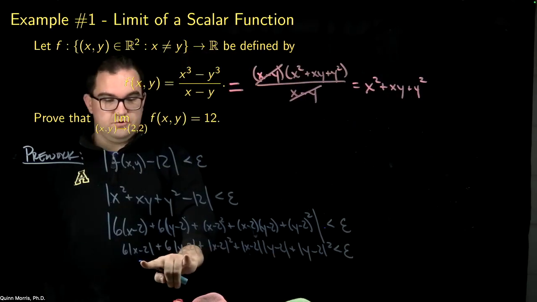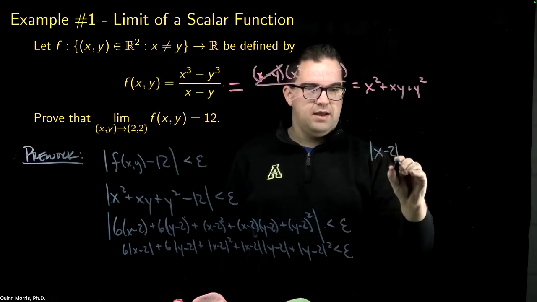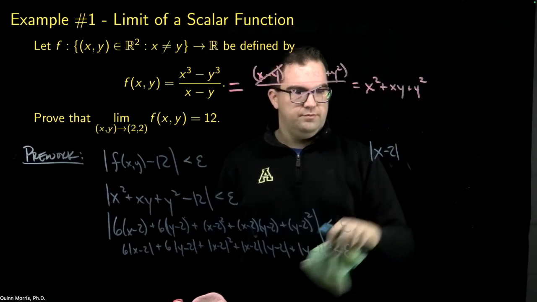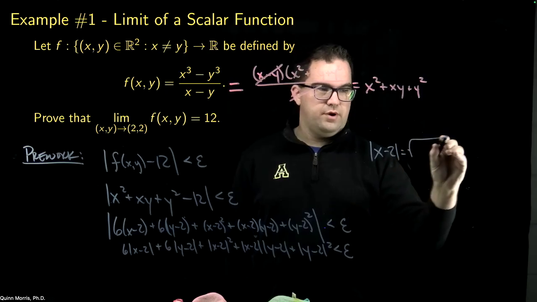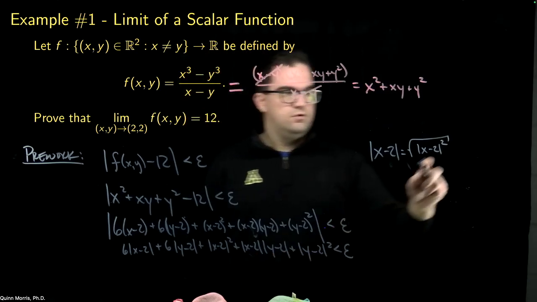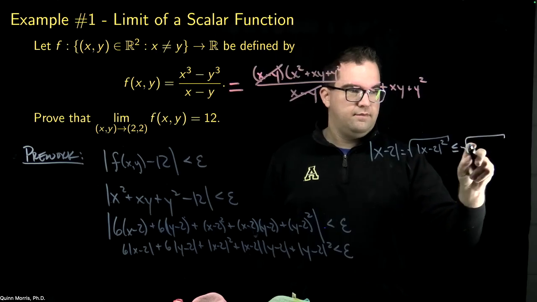if I look at these first two values, so this has an x minus 2, this has a y minus 2. If I look at this x minus 2, actually, let's just start with an equal to. This is equal to the square root of the absolute value of x minus 2 squared, and if I add something to it, I'll just make it bigger.